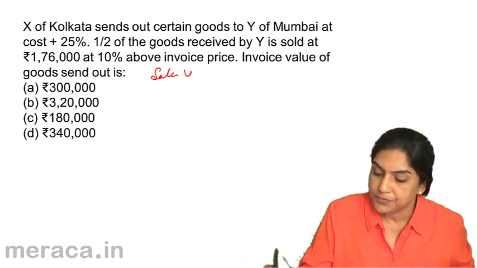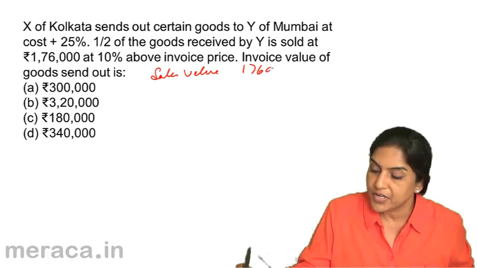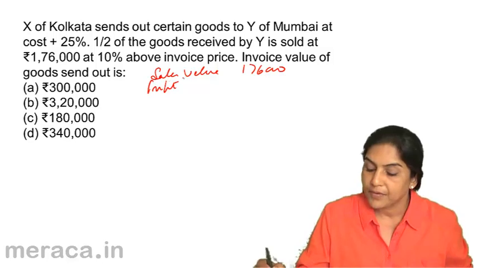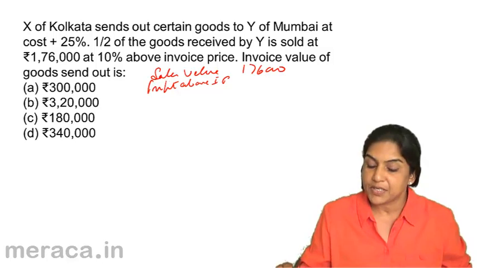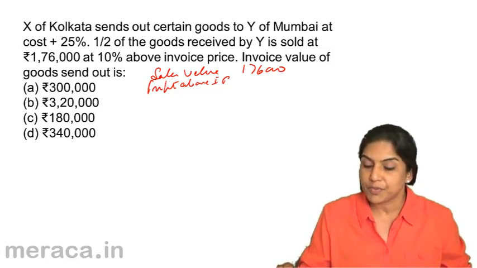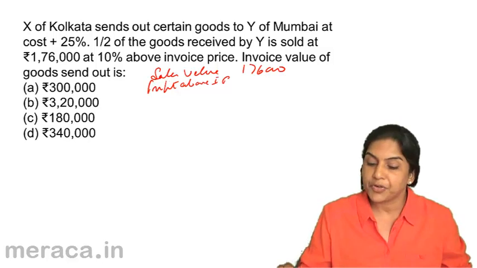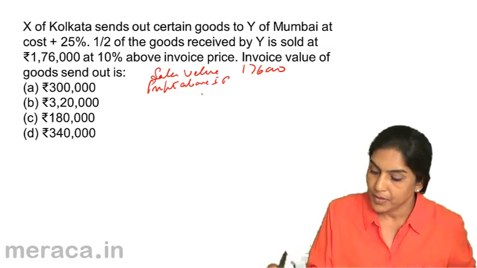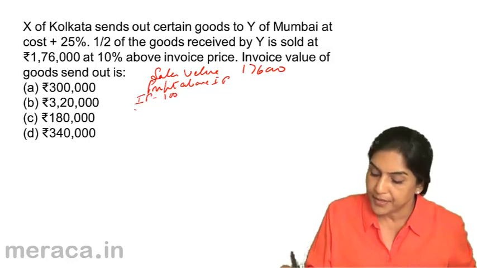Sales value is 1,76,000. Profit above invoice price is 10%. At 10% above invoice price, profit above invoice price would therefore be how much? If invoice price is 100, profit is 10, 110 is the sales value.